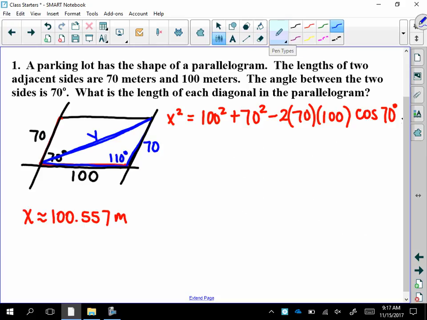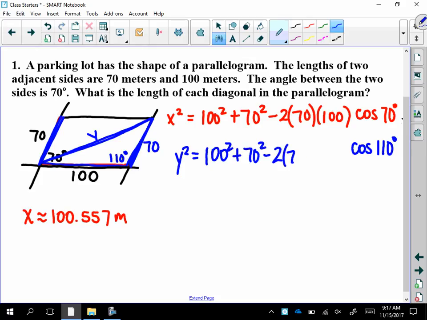This side, in a parallelogram, not only are these sides that are opposite parallel, but they're also going to be congruent. And so this side is 70, so we'll have this side as 100. So now we'll just set up y squared, which is the diagonal that we're trying to find. On the other end is going to be the cosine of the angle that we have across from that side. And then we fill in the middle, which really is going to look the same as the one previously.